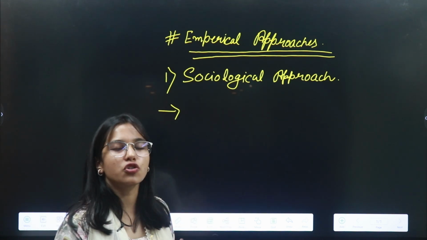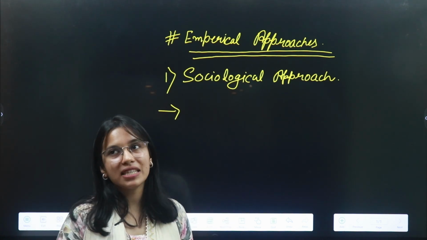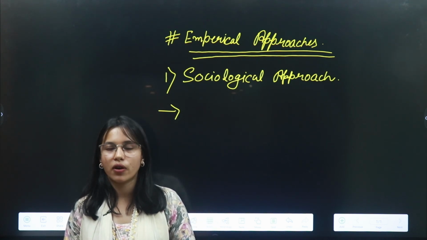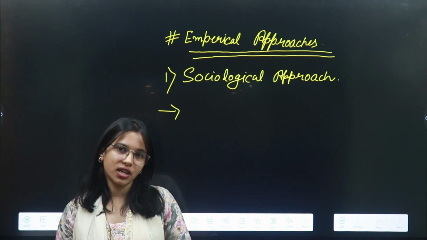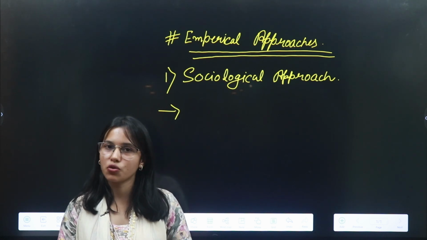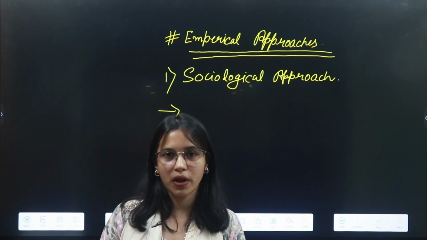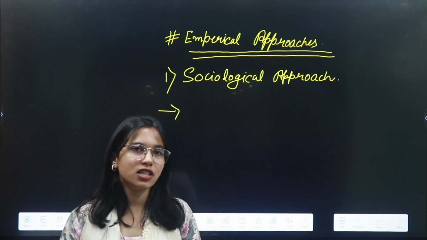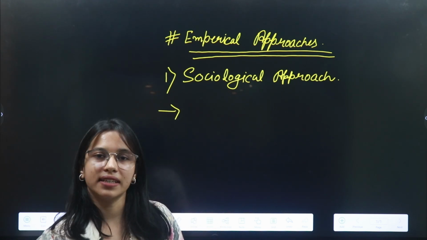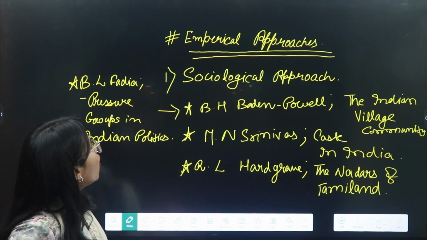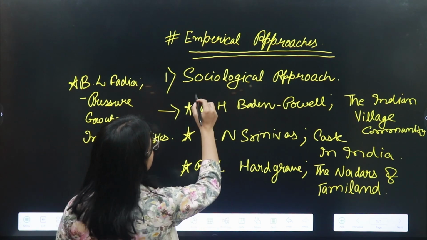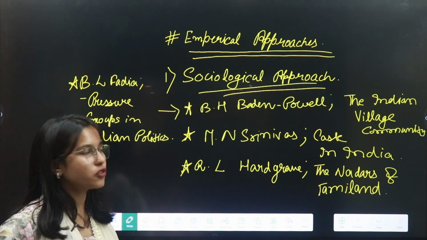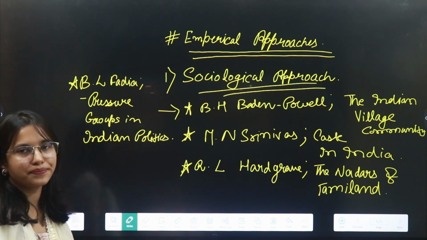This is what the sociological approach means: whenever we study any field or society from the sociological approach, we consider more of the social institutions and less of the political institutions. We will make a balance between them and then study. These are some of the writings of the sociological approach that will be helpful, so please note, and then we will proceed further.